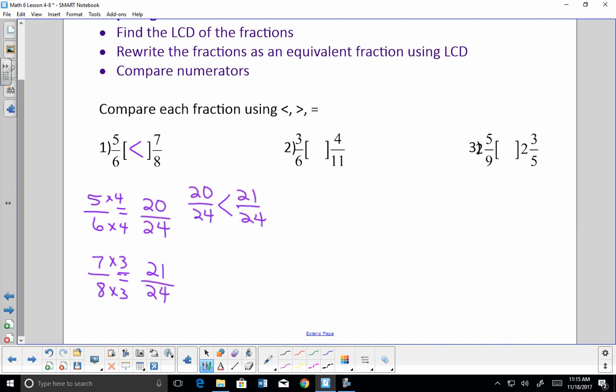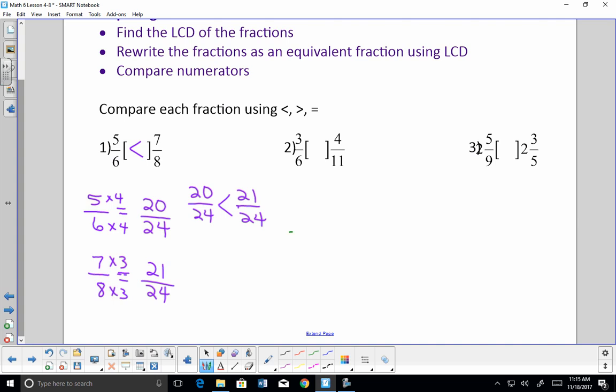This next problem, 3/6 and 4/11. I need to find a common denominator between 6 and 11. I know that 11 times 6 is 66, and 6 times 11 is 66, so I believe that 66 is the common denominator for both of these.